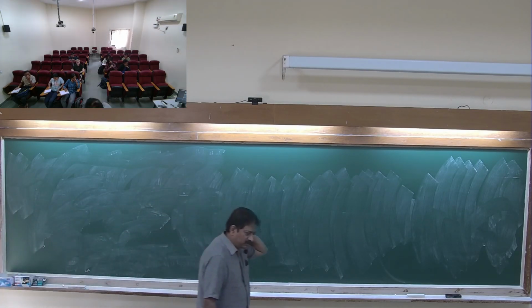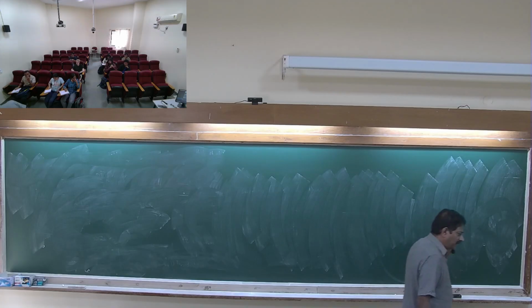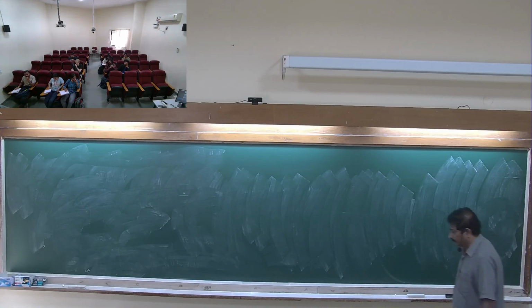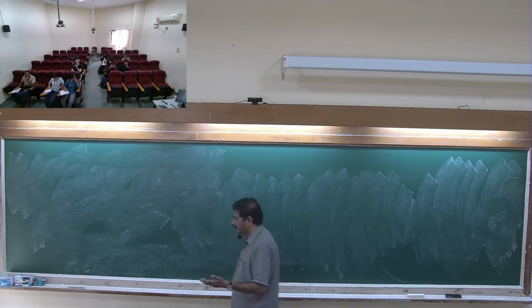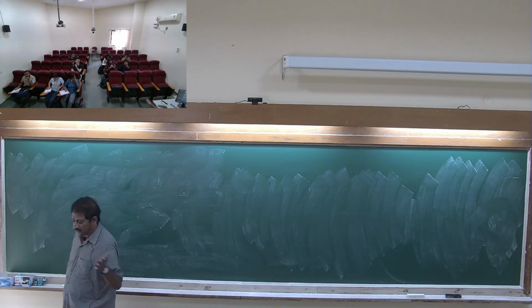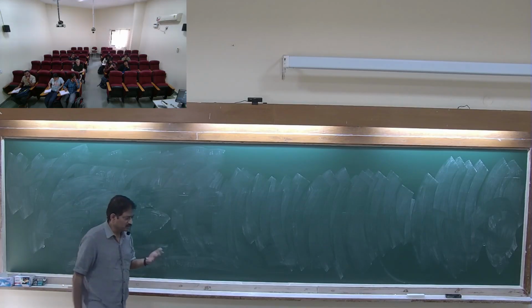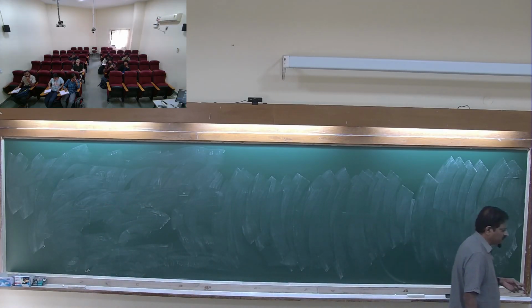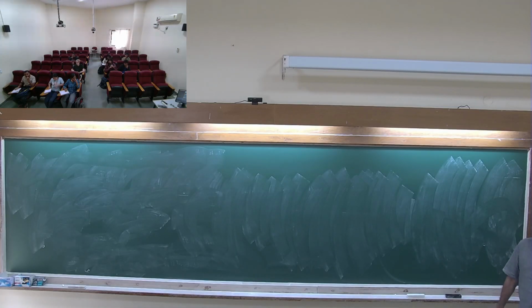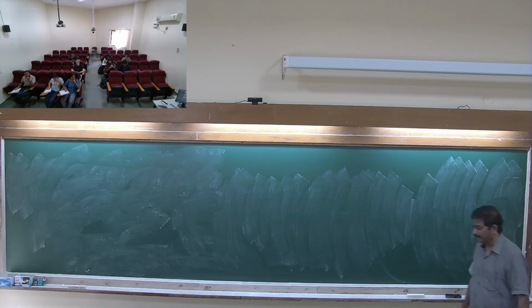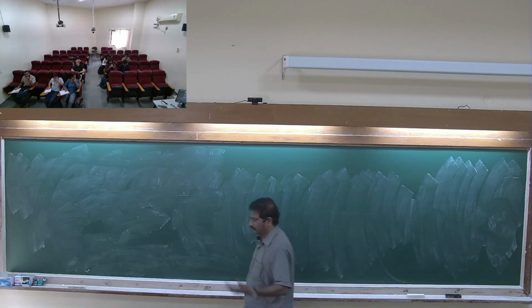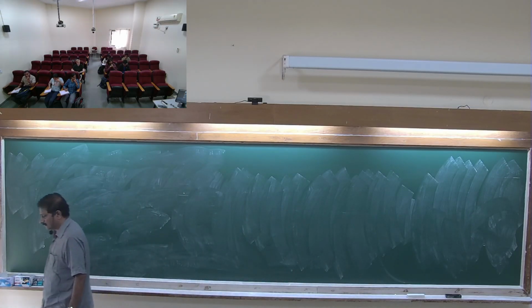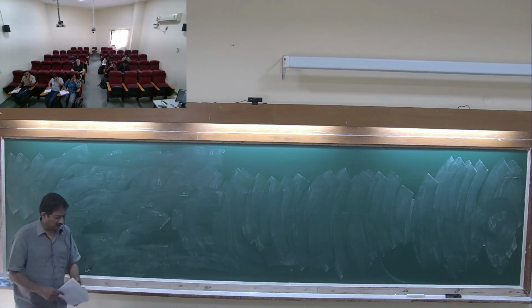We have also run into Cabibbo angle, and we said that this can be generalized to three flavors. We have also discussed phenomena of the standard model such as CP violation, etc. But almost everything that we have done has been at tree level, except we drew the box diagram once for KK bar oscillation, which is of course a higher order loop diagram, but we didn't actually evaluate that diagram.